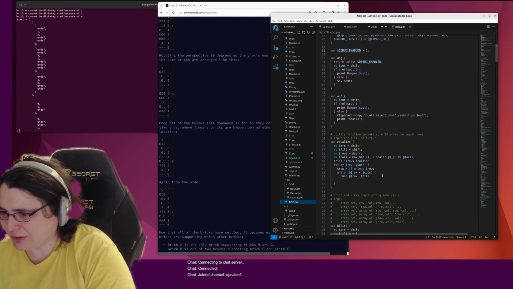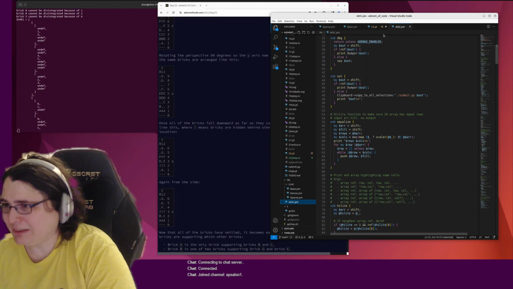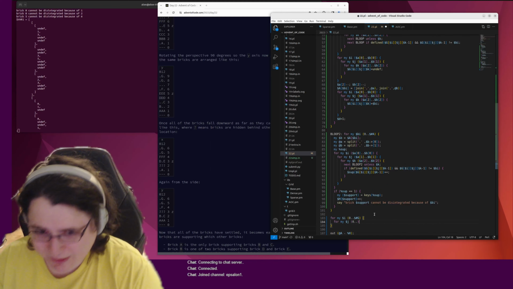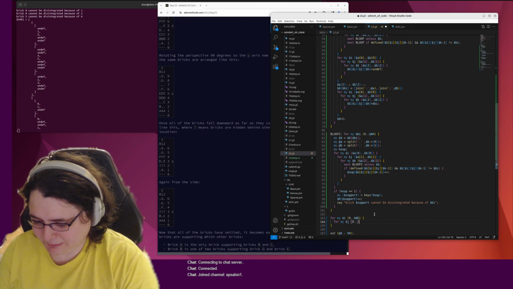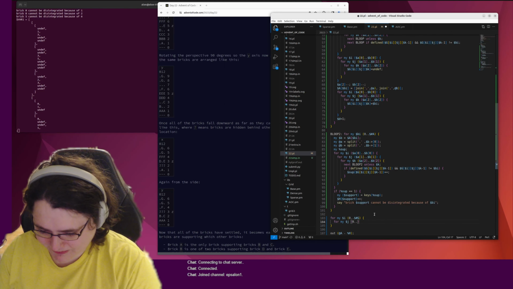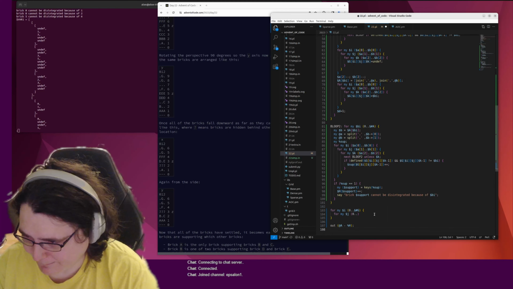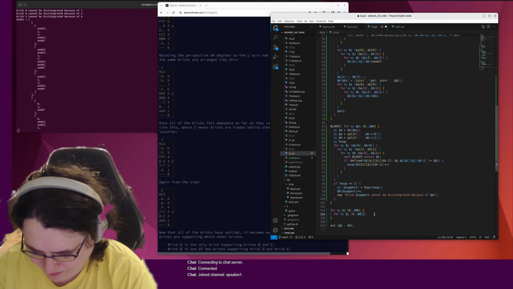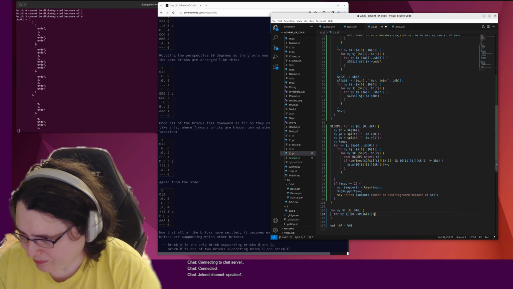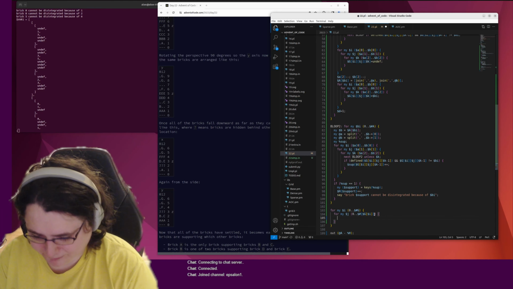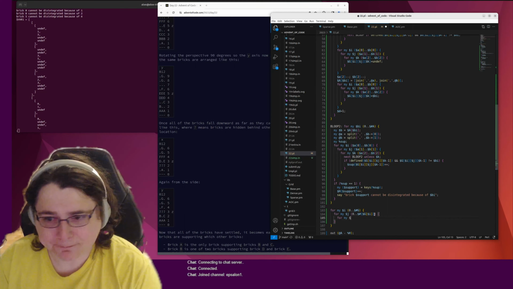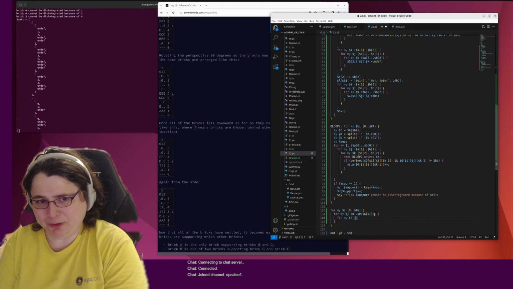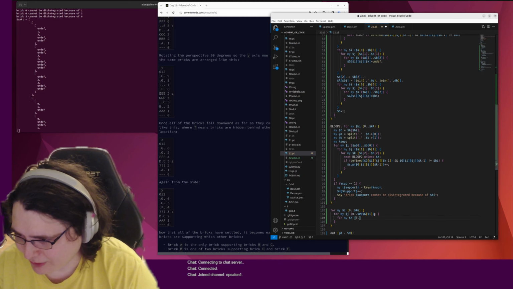I don't think so. It assumes it's 2 dimensions. That's fine. Hmm. Why am I using an array instead of a hash? I don't know.